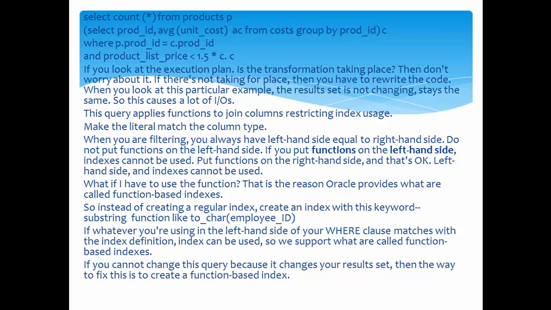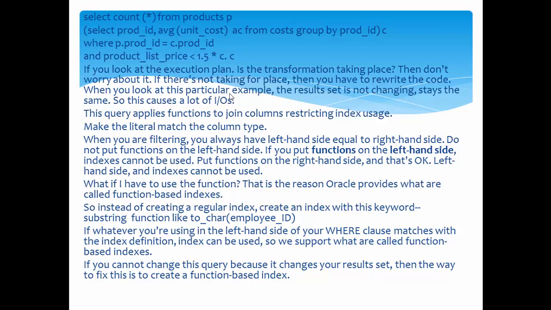If you look at the execution plan and the transformation is taking place, then don't worry about it. If it is not taking place, then you will have to rewrite the code. When you look at this particular example, the result set is not changing, it stays the same.